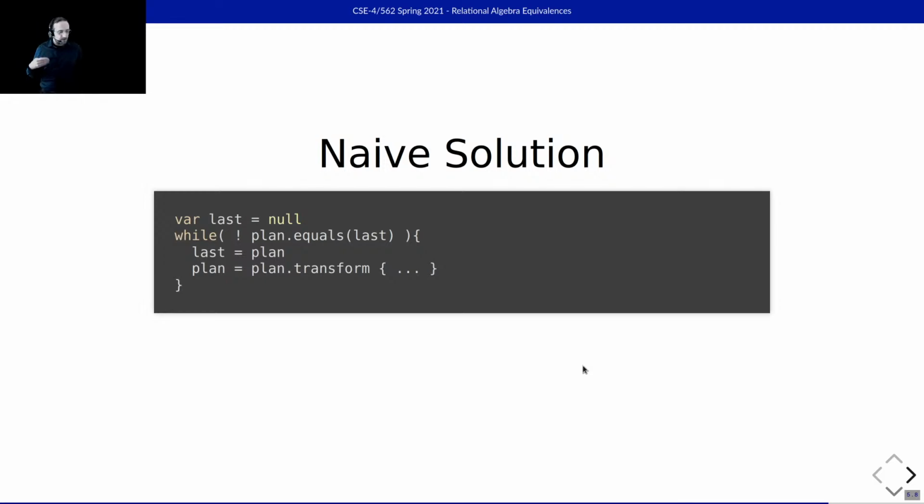In other words, you keep applying the transformations until there are no more opportunities to apply the transform. So, Karan, hopefully I've now answered your question, at least with a naive solution.